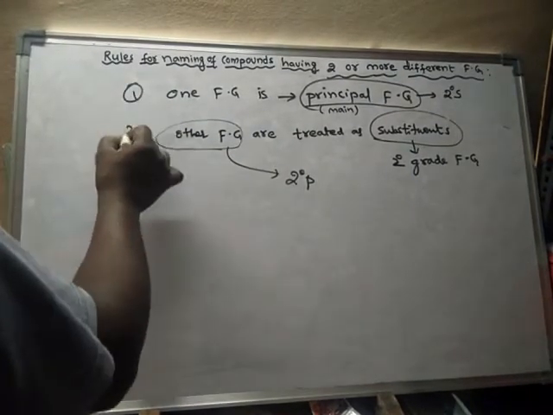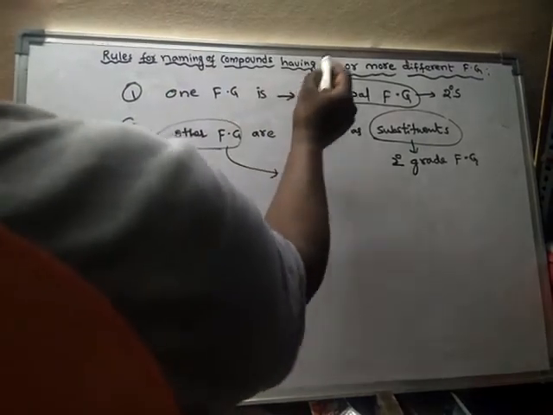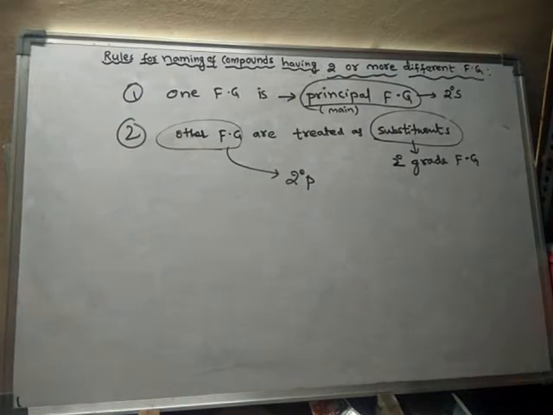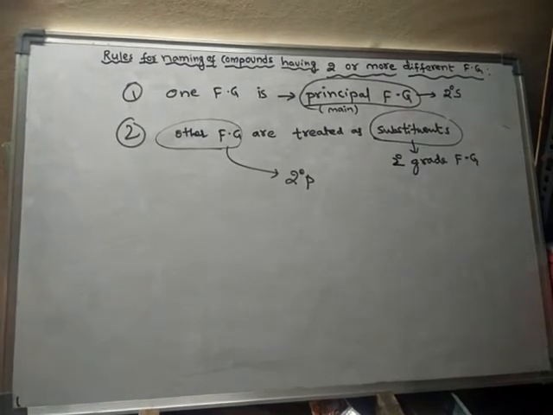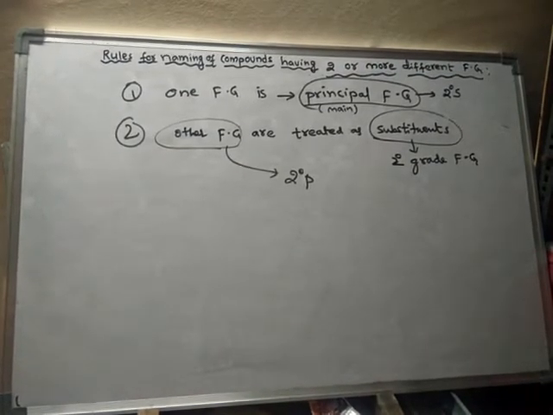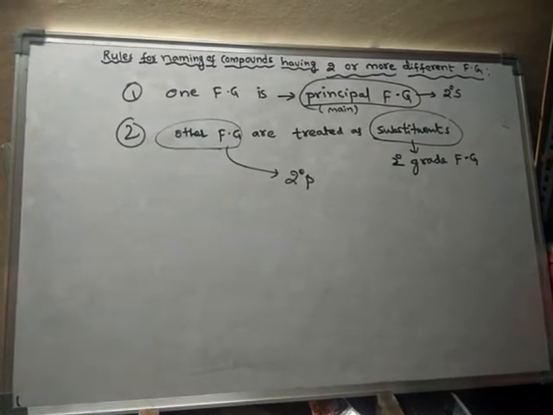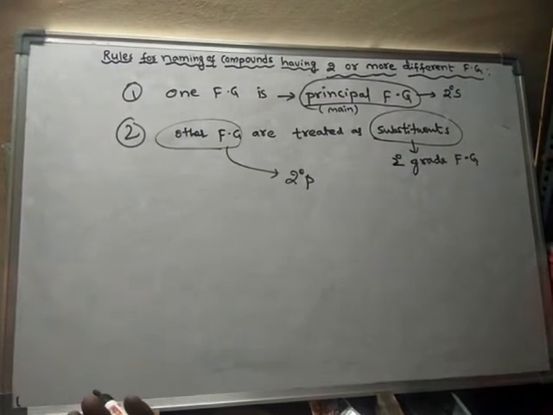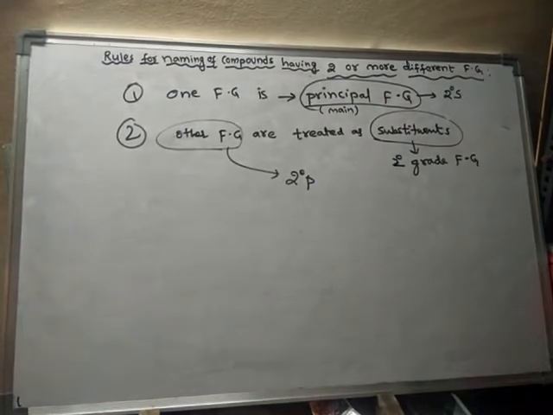So when two or more functional groups are present, one functional group is treated as the principal functional group, and other functional groups are given as substituents, or secondary grade functional groups. How do we know which one is the higher priority functional group, the principal functional group, and which one is not?